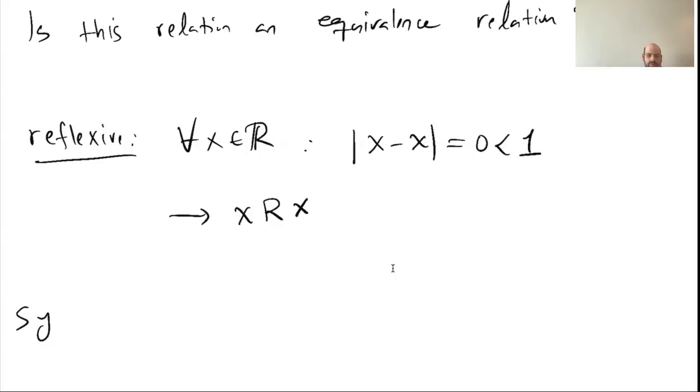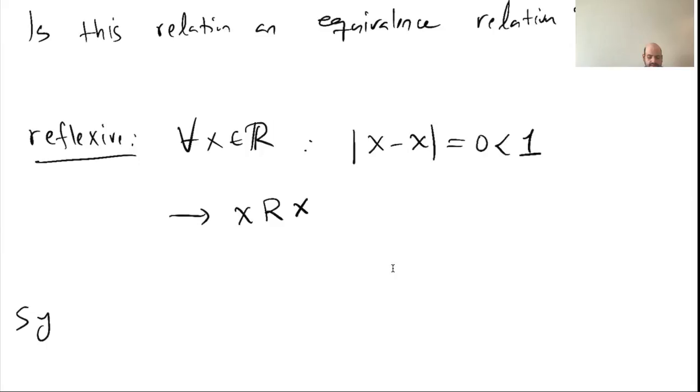So what do you think? We have three numbers, x, y, z. Absolute value x minus y less than 1, absolute value y minus z less than 1. Can I conclude absolute value x minus z less than 1? The answer is no.